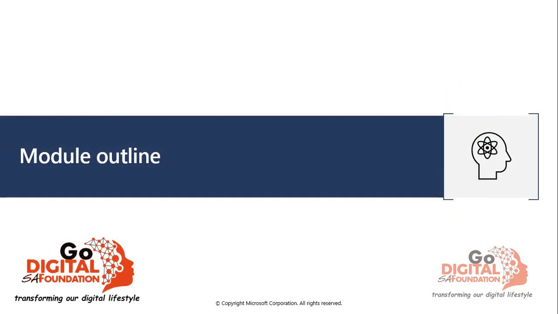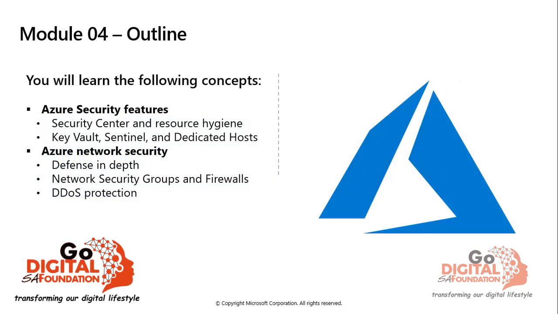Okay, so our module outline for Module 4 is that we're gonna learn about Azure security features. We're gonna learn about the Security Center, not the whole of it, but only the fundamentals, just to let you know what the Security Center is for. And then we're gonna learn about resource hygiene.